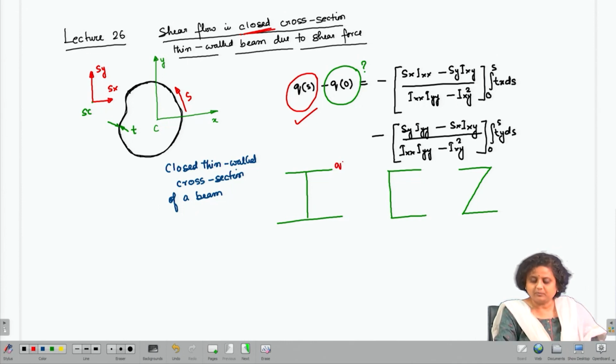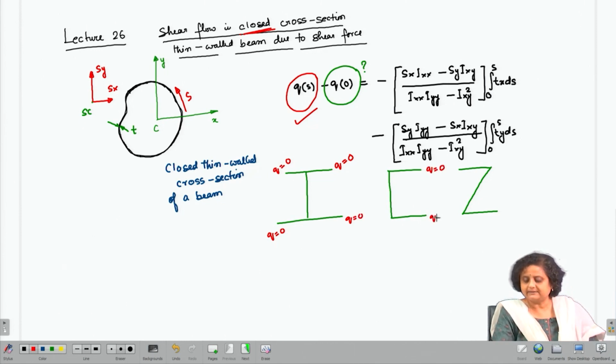So, all these points had zero shear flow because these were on the beam free surfaces and they were equal to 0. So, we had seen all these points were 0. So, we could start from any of these points, and for this point we could have taken Q0 to be 0 and we have solved the problem rather easily.